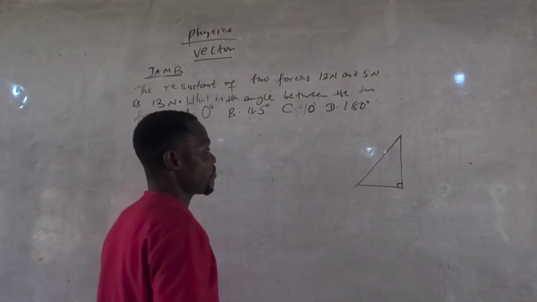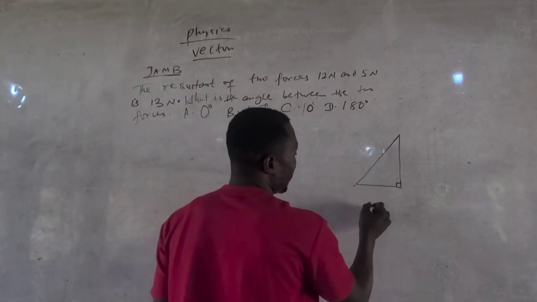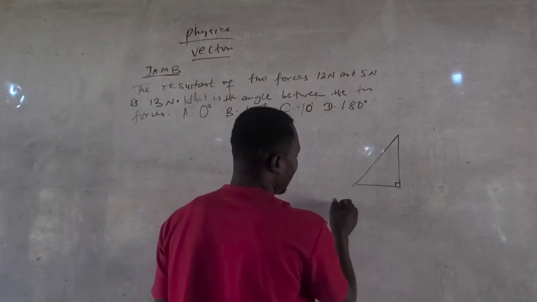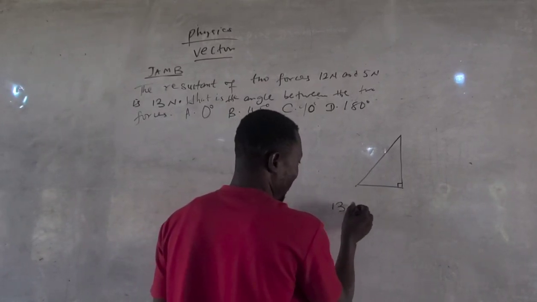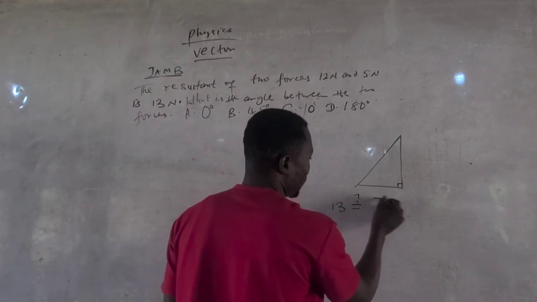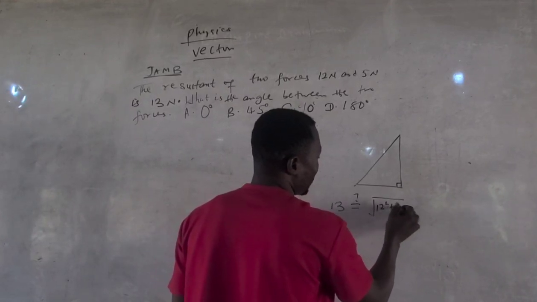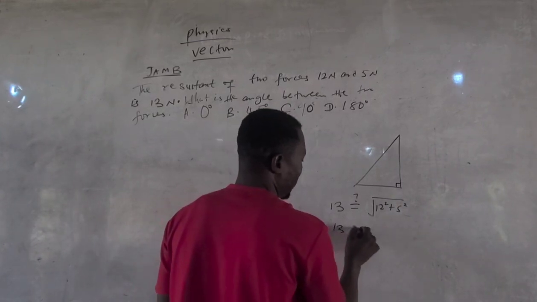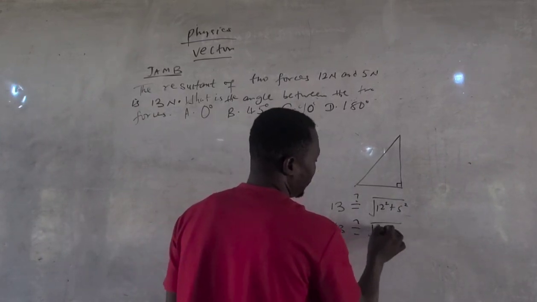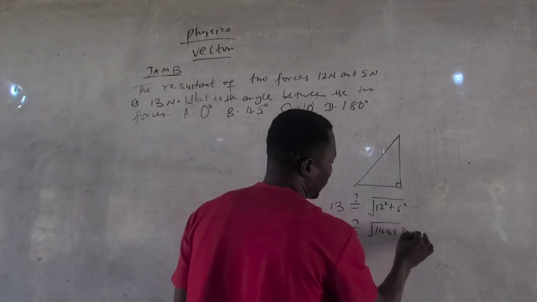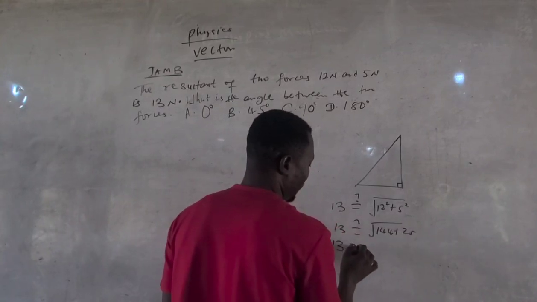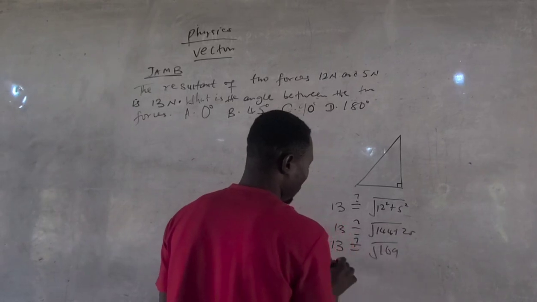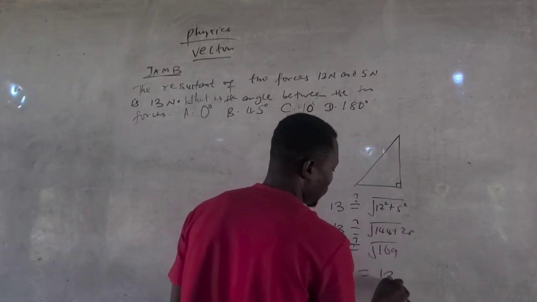So we check: is 13 equal to the square root of 12 squared plus 5 squared? 144 plus 25 is 169, and the square root of 169 is actually equal to 13.